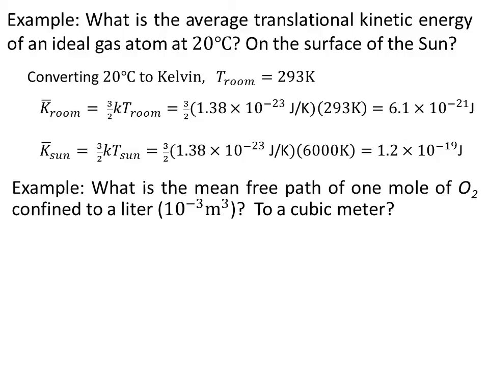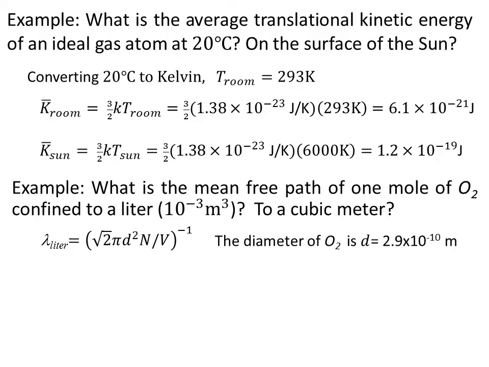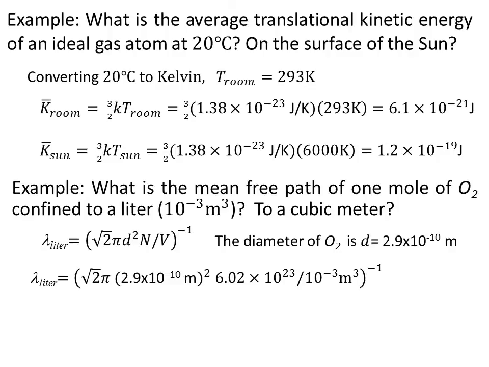Let's look at an example where we look at the mean free path of 1 mole of O2 confined to a liter, or to a cubic meter. You might recall that a liter is 10 to the minus 3 cubic meters. So if we look at the mean free path of O2 in a liter, we have our formula, and we also look up that the diameter of O2 is equal to 2.9 times 10 to the minus 10th meters.